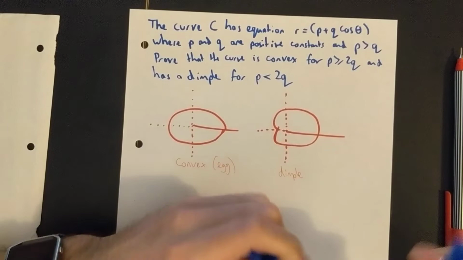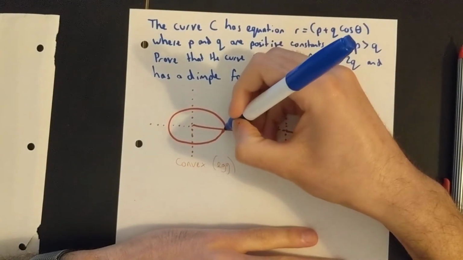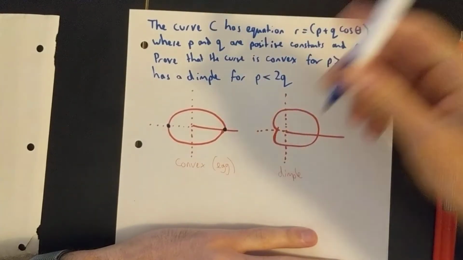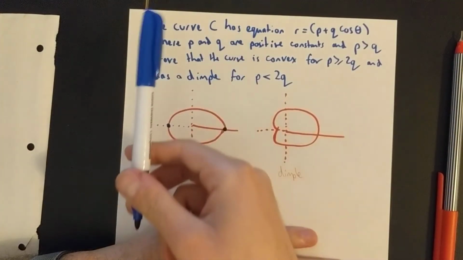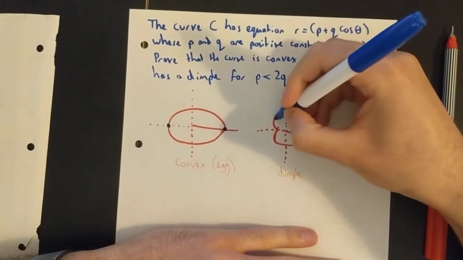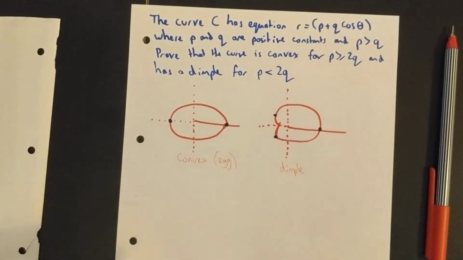We're using the fact that if it is convex, then there are only going to be 2 coordinates for that tangent line, or if it is a dimple, there will be more than 2 coordinates for the tangent line.